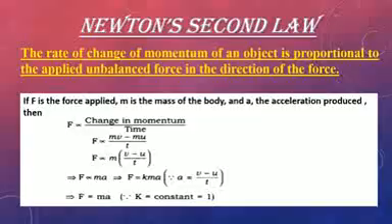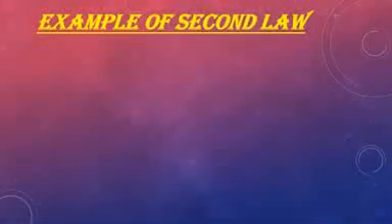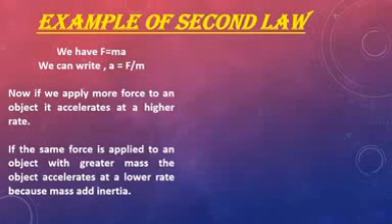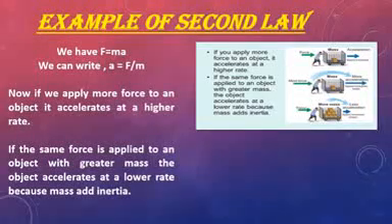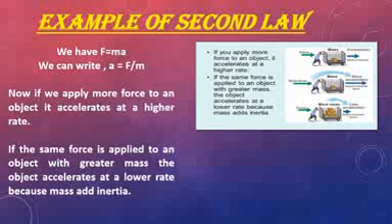Now, the examples of the second law are as follows. If we write F equals ma as a equals F by m, we can see if we apply more force to an object, it accelerates at a higher rate.